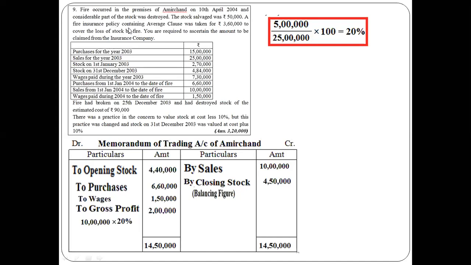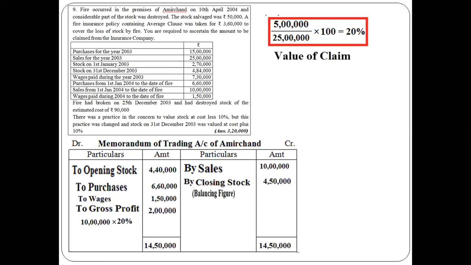The insurance policy, which contains an average clause, was taken for 3,60,000. Though we have material worth rupees 4,50,000, we have taken a policy of only 3,60,000. Right? So it is an average clause concept. Now we need to calculate the value of claim. How to calculate the value of claim?